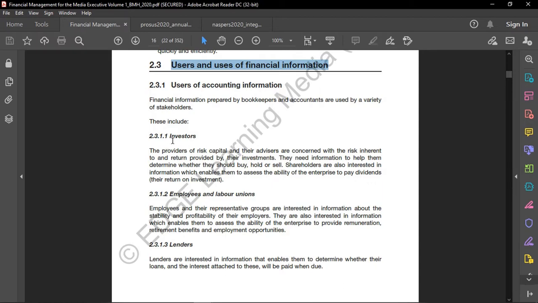The textbook explains each one in some detail, but they don't emphasize the actual use in too much detail. Yes, they give a general overview, but they're not very specific. So I would like all of you to please consider when looking at each of these headings, for example, investors, employees, labor unions, lenders, what are they actually going to be using the information for?